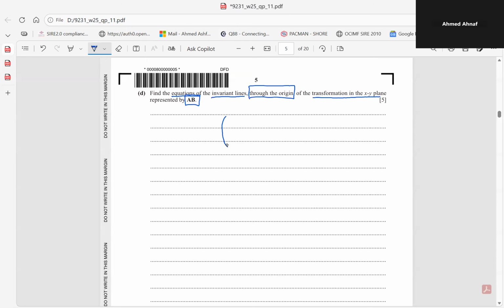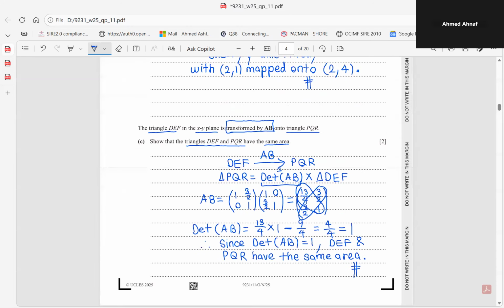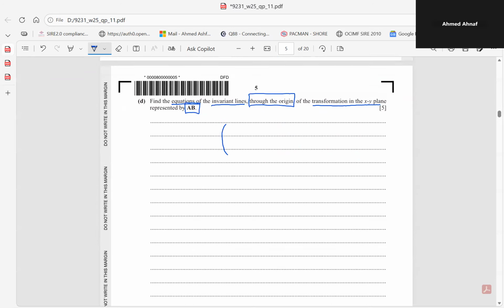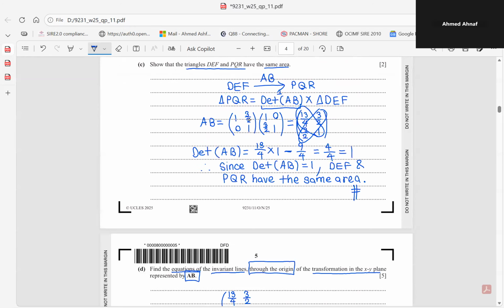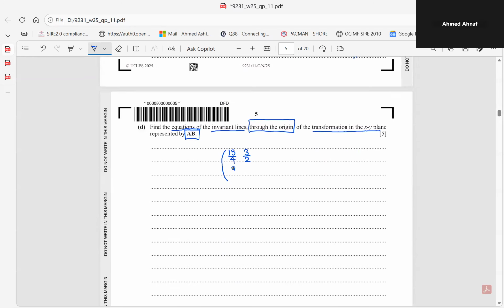first write down your matrix AB, the matrix that you're transforming with. AB is that whole thing, 13/4, 3/2, 3/2, and 1, and then place the points x y, like a general point along the line, and then those equal to a new set of points, big X and big Y, let's say.